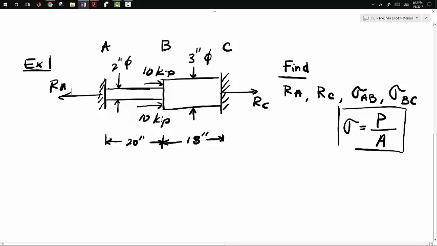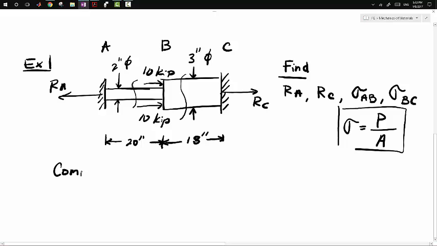What I'm going to do is, working from left to right, find the axial force in AB and the axial force in BC. I'll need that to plug into my compatibility equation.